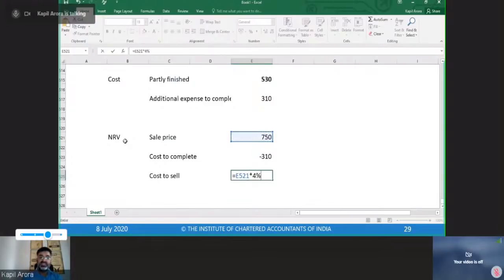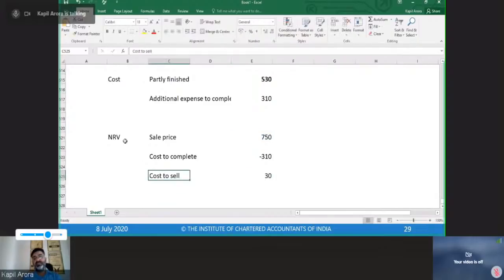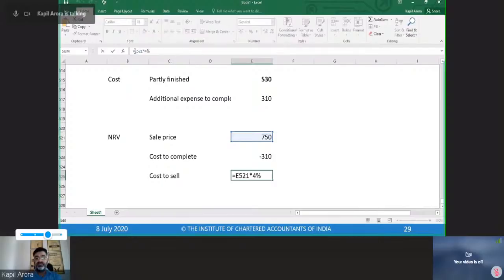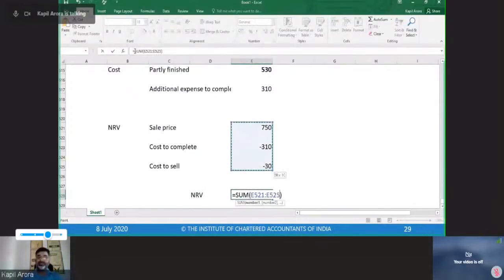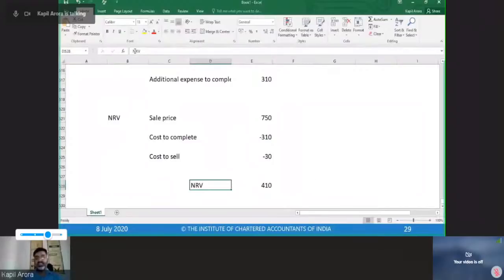So 4% is the commission, so 30 should be deducted. So the NRV for this product would be 750 minus 310 minus 30, which is 410.